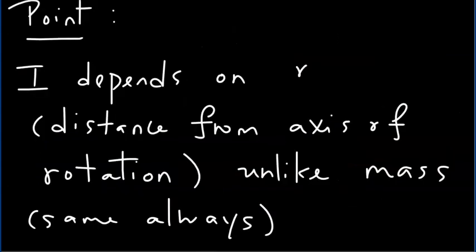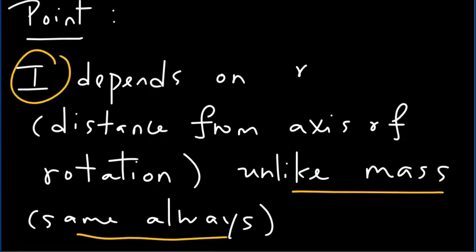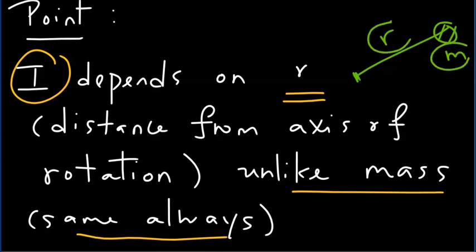A point to note about moment of inertia is that unlike mass, which is constant and does not change, moment of inertia depends on where the mass is, namely the distance r from the axis of rotation. So if you have an axis of rotation here and the mass there, and the distance is r, the mass is m, so the moment of inertia is mass times the square of r.